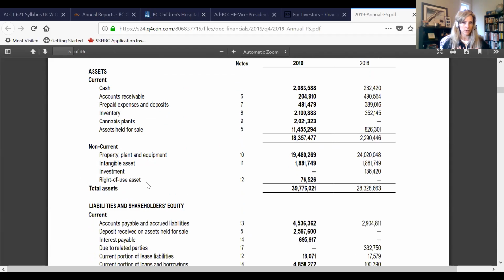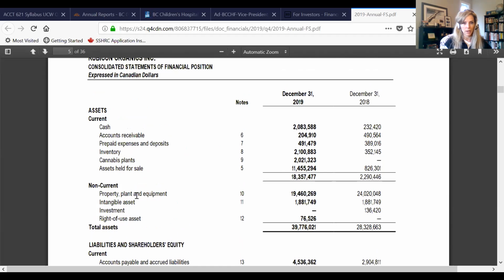Now, for me, as a creditor or an investor or a potential shareholder, what I'm interested in is cash flow. And so I'm looking at the cash flow statement and I want to know, how is cash used or provided to purchase or acquire long-lived assets or non-current assets, property, plant, and equipment, as you see here.